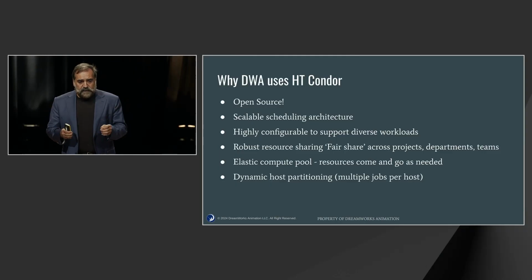And then another critical piece is dynamic host partitioning. Think of a host. Some of our hosts are quite large, 300 plus cores and half a terabyte of RAM. We don't put one job on that host, right? It will actually run multiple jobs at the same time, and Condor kind of fits them in there.